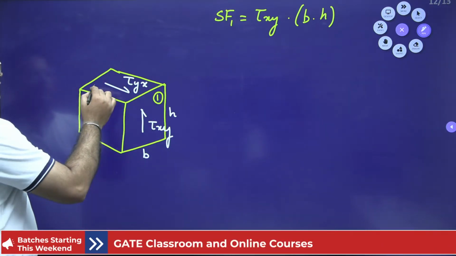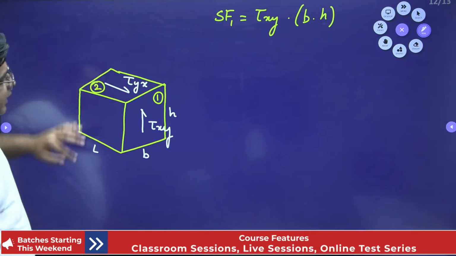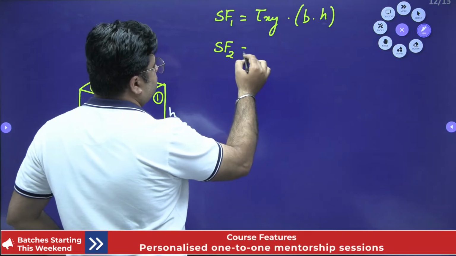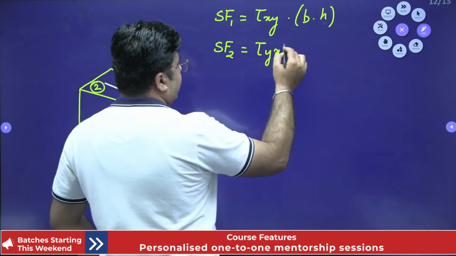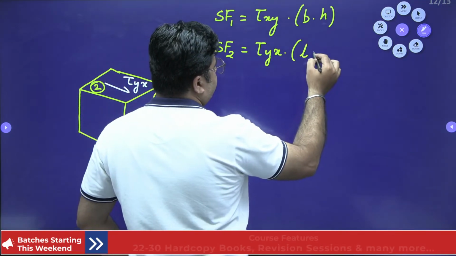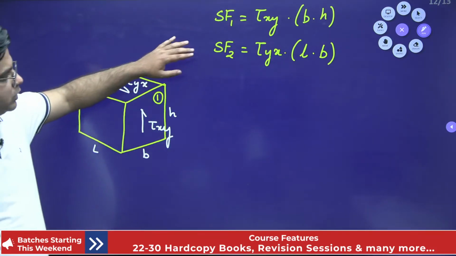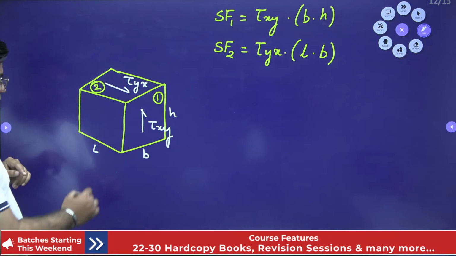If I consider the second plane, the total shear force acting over this second plane is equal to tau yx into L into B. So this is the total shear force acting over plane 1 and plane 2, right?